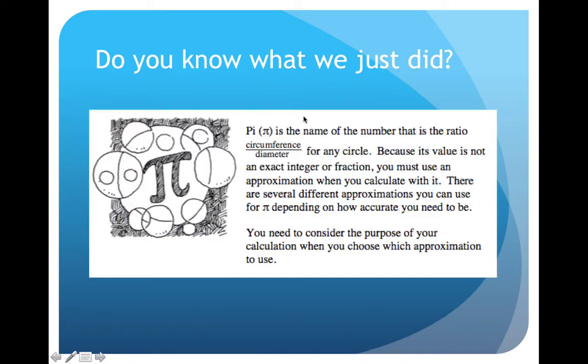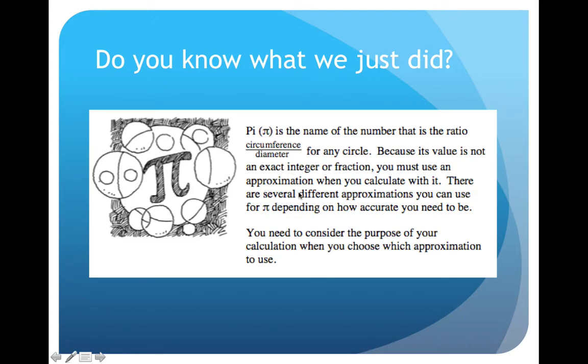It says pi is the name of the number that is the ratio circumference divided by the diameter for any circle. Because its value is not an exact integer or fraction, you must use an approximation when you calculate with it. There are several different approximations you can use for pi, depending on how accurate you need to be. You need to consider the purpose of your calculation when you choose which approximation to use.